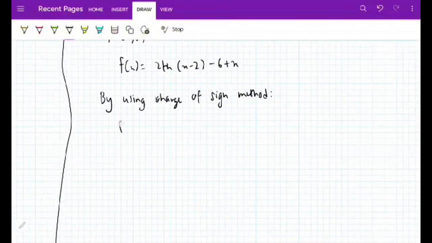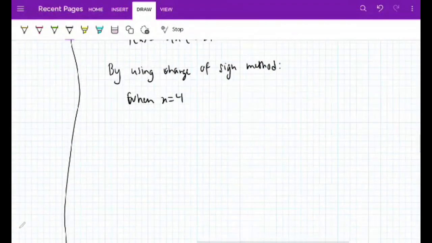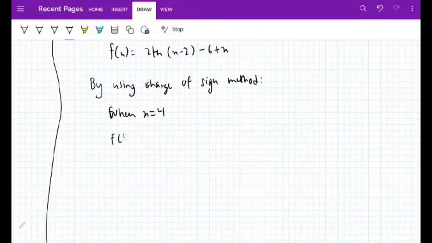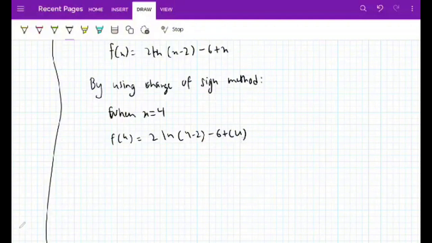Now when x is equal to 4, we substitute our first value: 2 ln 4 minus 2 minus 6 plus 4. We substitute this in our calculator and we get a negative value, which is negative 0.61371.